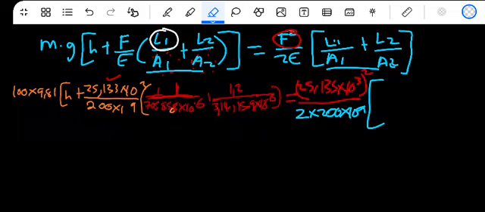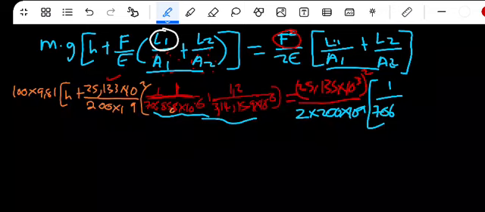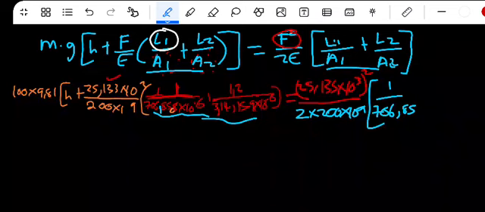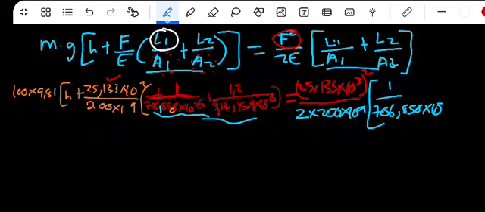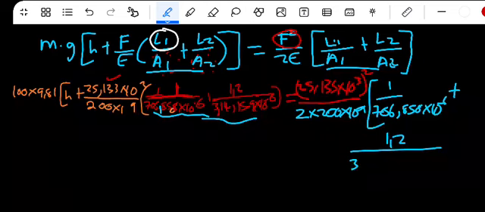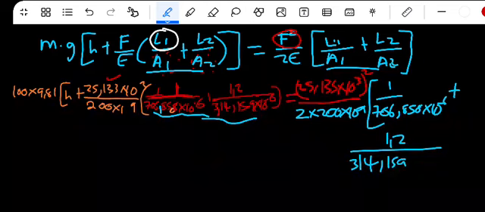We'll have 1 over 706, like this, actually there, comma 858 times 10 to the power of minus 6 plus, I'll write here below, plus 1.2 all over 314,159 times 10 to the power of minus 6.